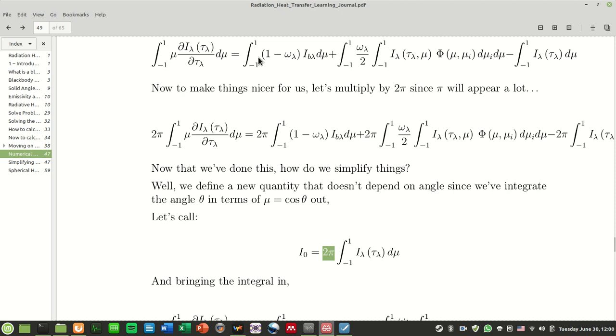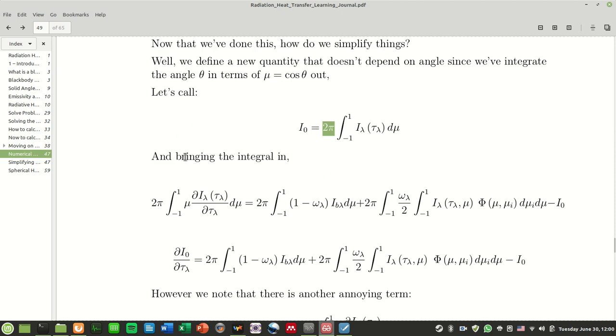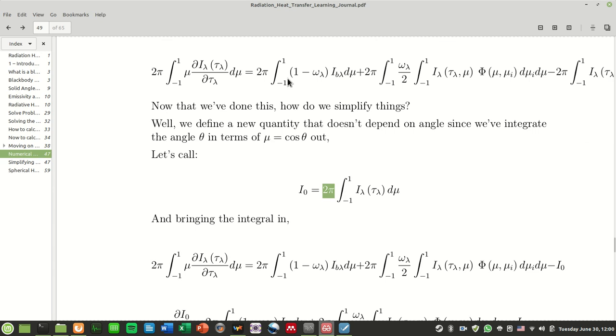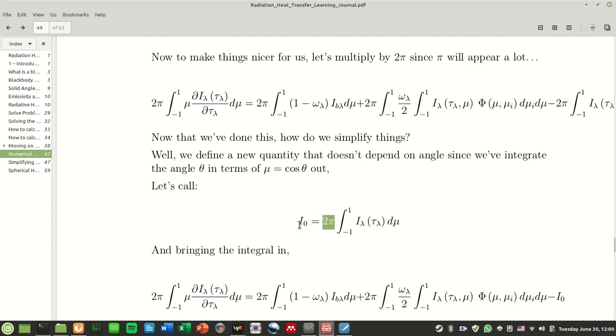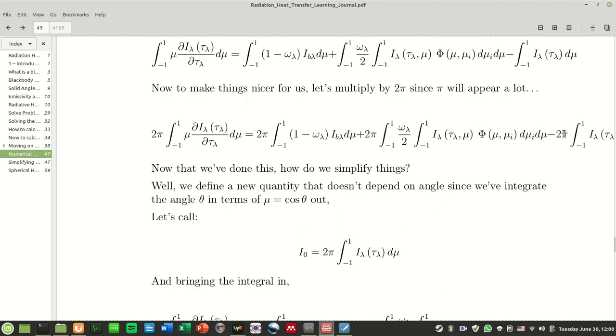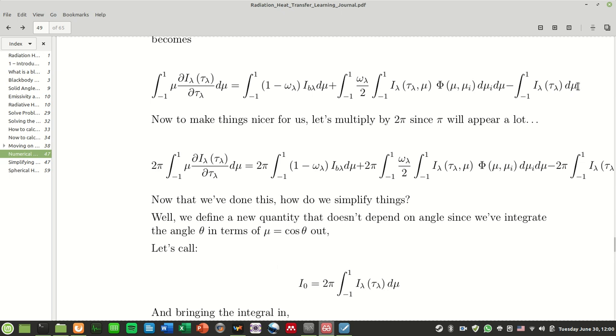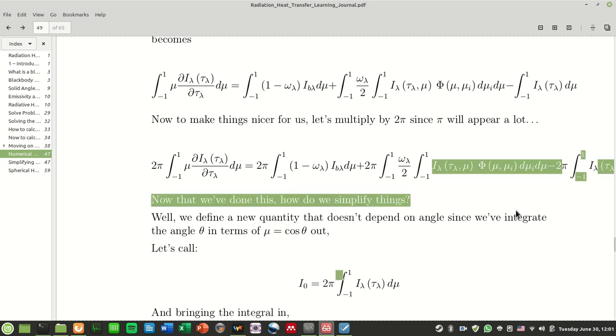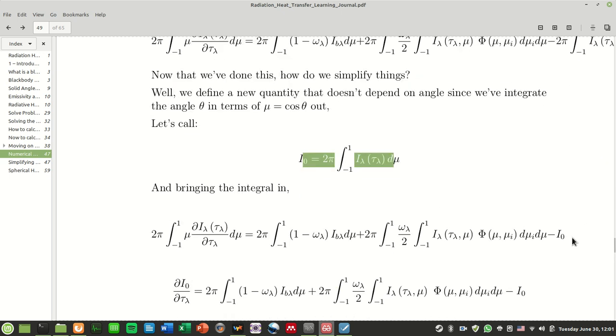We notice that this term on the right hand side reduces to I0 quickly. So the rightmost term, which is the extinction term, just becomes minus I0. So that's one term already dealt with.